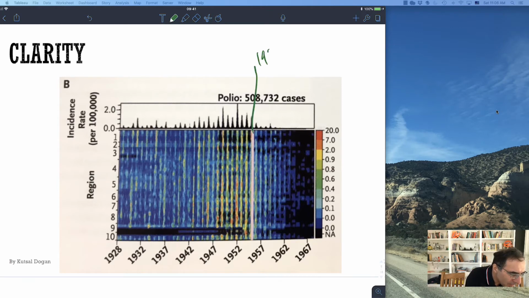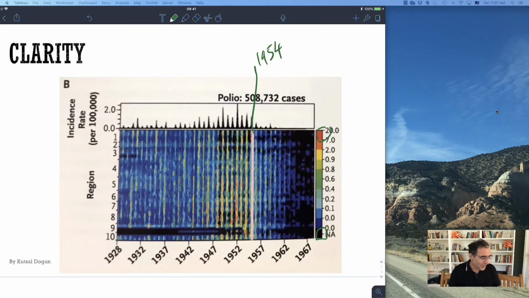So this is when the vaccine is introduced, and then it shows you the incidence rate in different regions. In 10 regions across, you see the incidence rate. The red means incidence is very heavy. Of course, the darker the blue, it means there are no incidences. It's very hard to tell, right? If you look at this, it's not very clear. Of course, if you know what you're looking at, if you know the story, then you can tell. But if you don't know the story, it's very hard to tell from this chart what is going on.